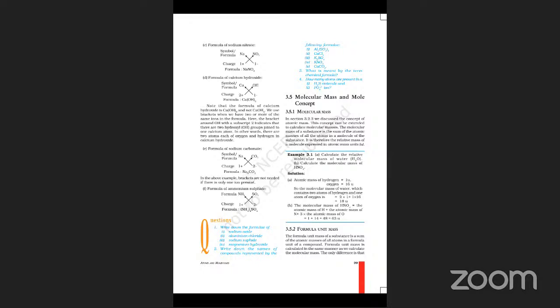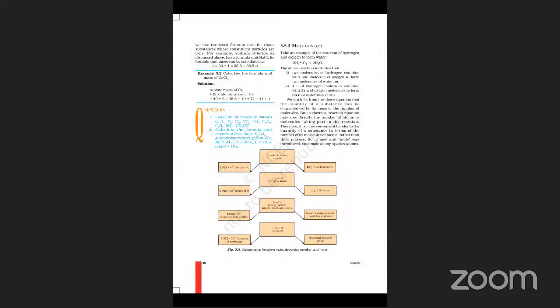Cleared? Yes, sir. Because the last topic is based on that only. It's a numerical part which includes molecular mass and the mole concept. Okay, sir. Then we finish this topic.